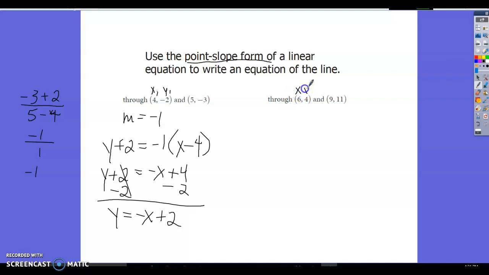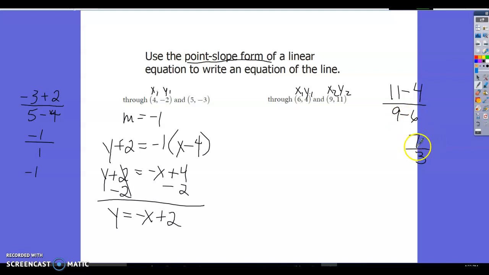If we've got x1 and y1, we've got x2 and y2 of our second point. We can find our slope, so we're going to do 11 minus 4, and then 9 minus 6. 11 minus 4 is what? 7 over 3.